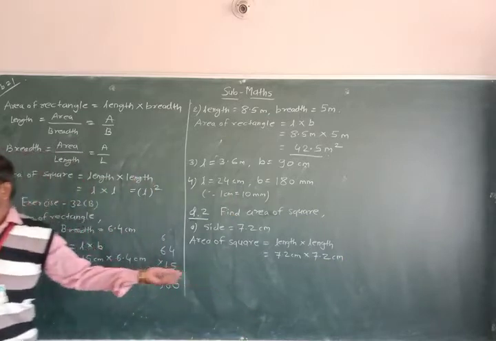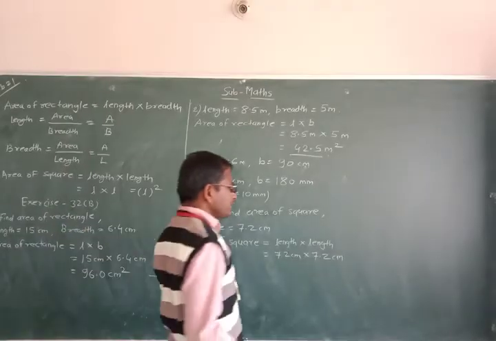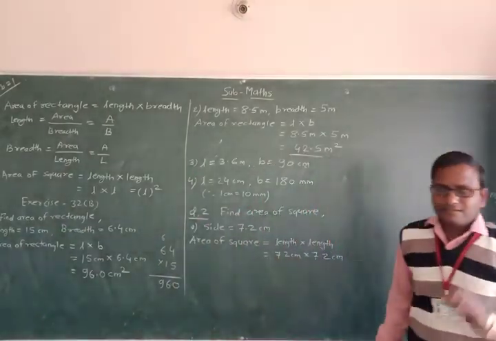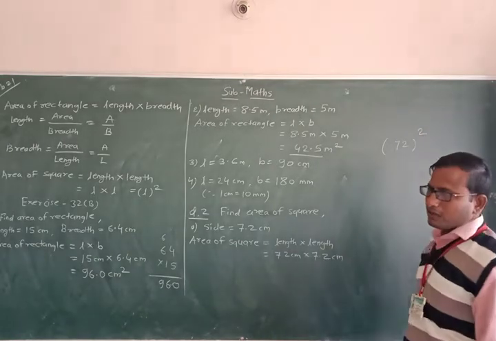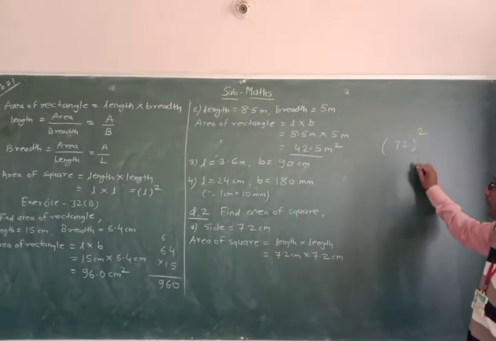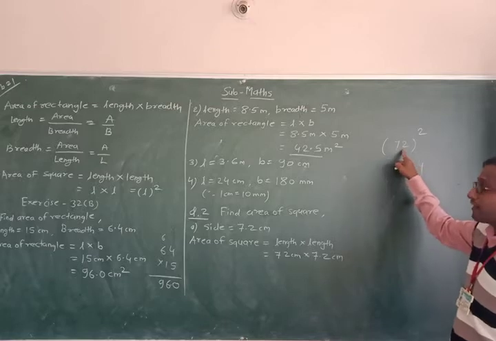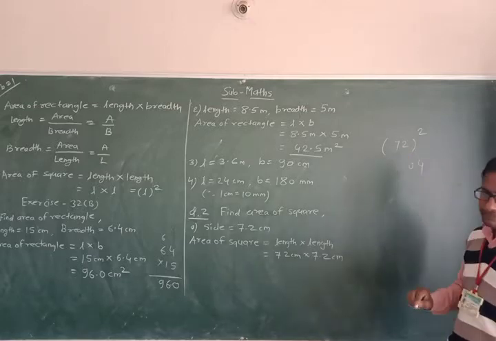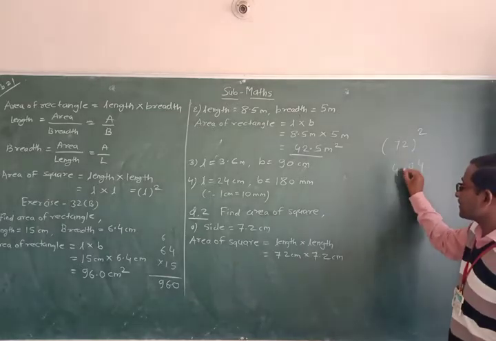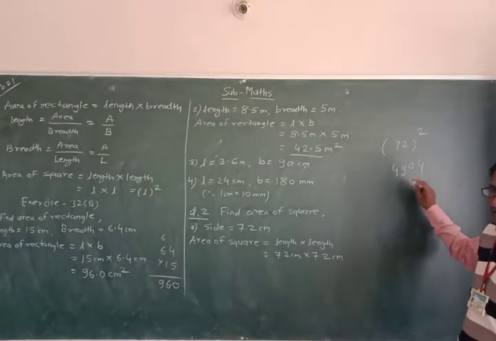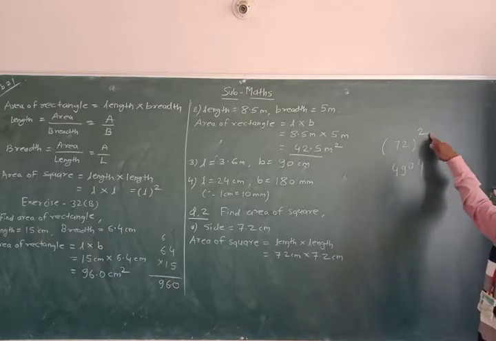It means you find the square of 72, 72 multiplied by 72. How? A simple trick. First you find the square of 2, which is 4, so write it in 2 digits, 04. Then square of 7 is 49. So write here 49, 04. Then in the next step, 7 multiplied by 2, 7 twos are 14, 14 twos are 28.